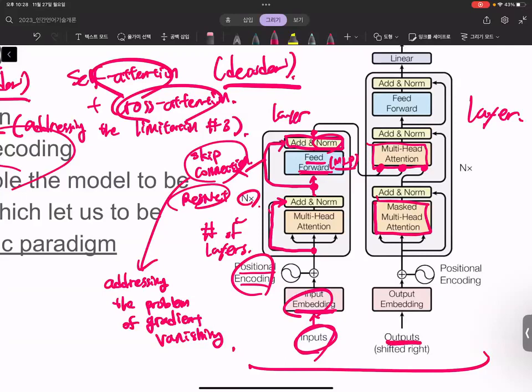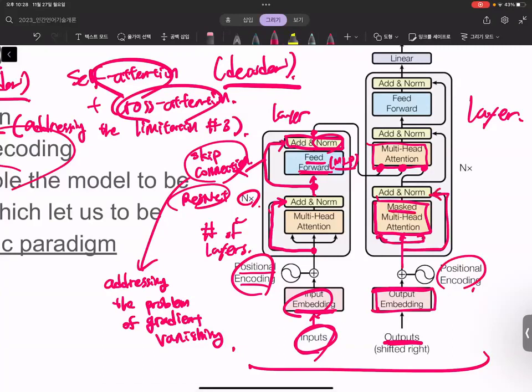And here is the output, which is a shifted input. The output is converted to the output embedding, and we also use positional encoding to process it. And this goes into the multi-head attention. And here is a skip connection.